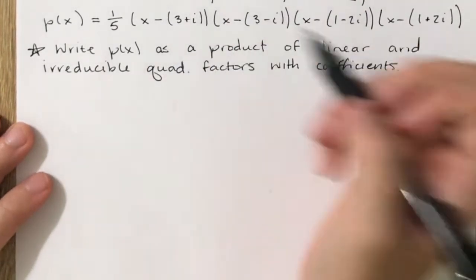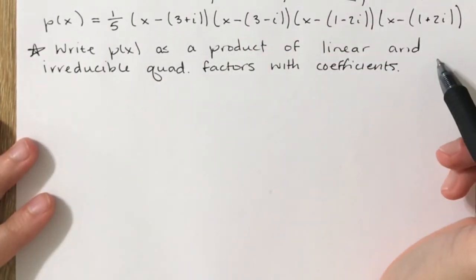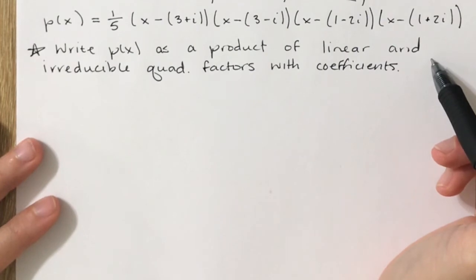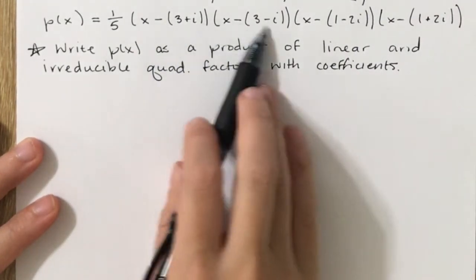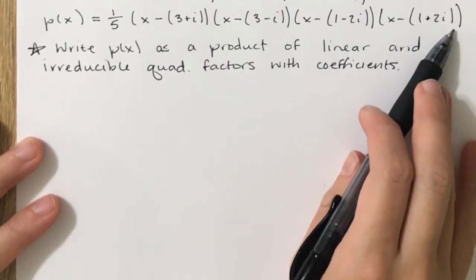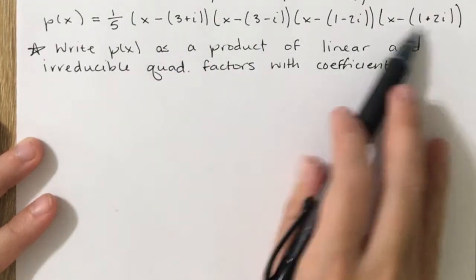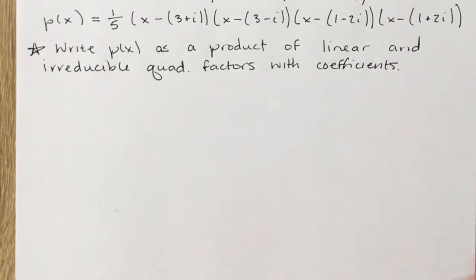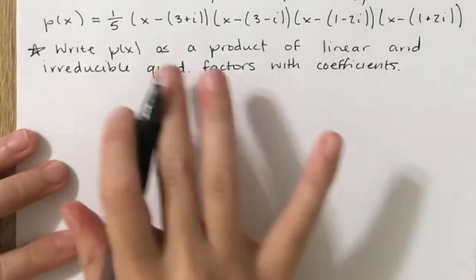Okay, so are any of these linear factors going to have real coefficients? No, these all have non-real roots. So because of that, we're going to have to turn each of these linear factors into the corresponding irreducible quadratic. Let's do that really quickly. Let's do that for each of these.